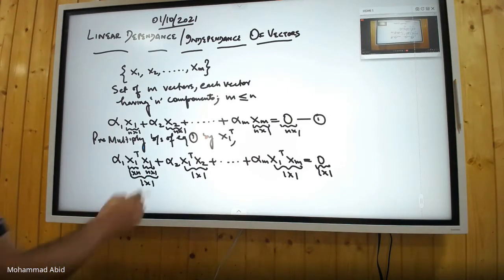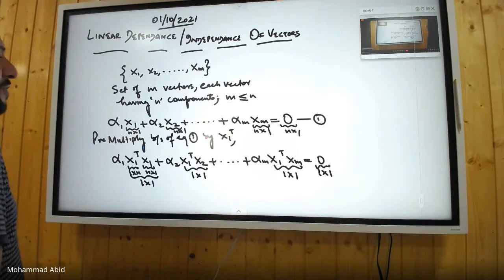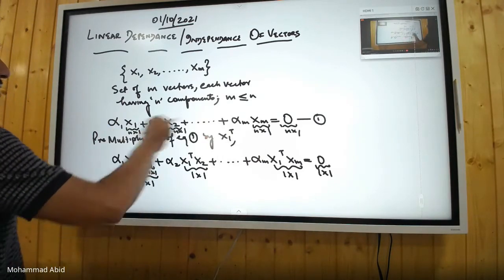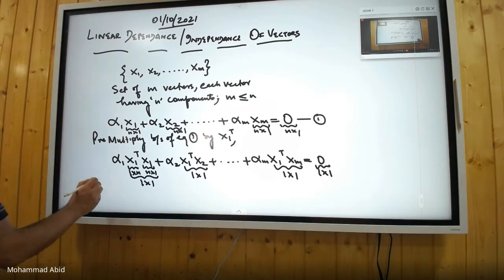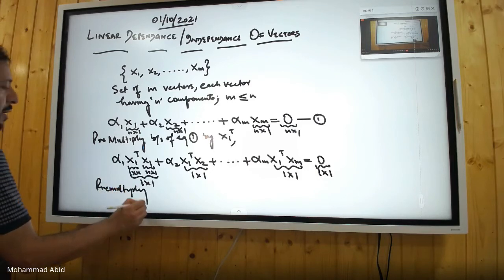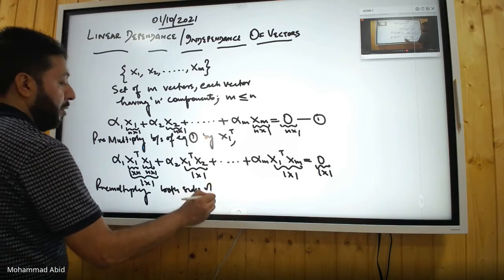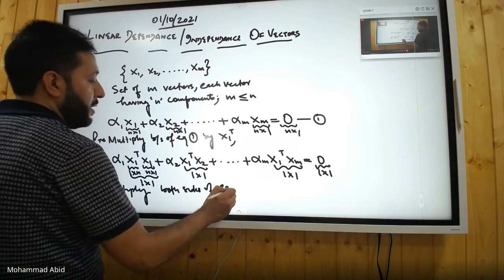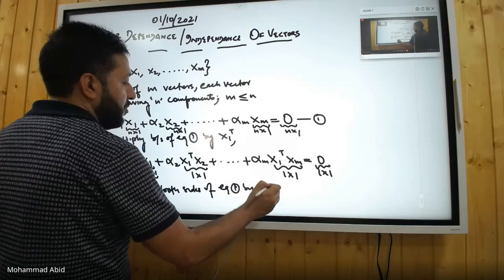We have pre-multiplied both sides of this equation first by x1 transpose. And what we do after that is we continue multiplying this equation 1. First we multiplied it by x1 transpose. Now we'll pre-multiply both sides of equation 1 by x2 transpose.